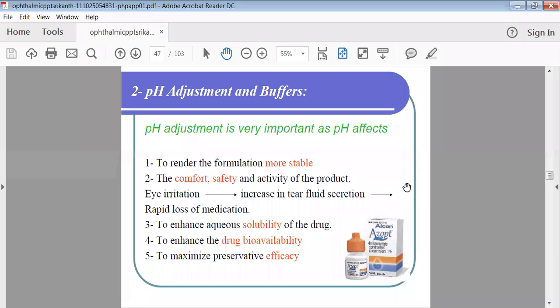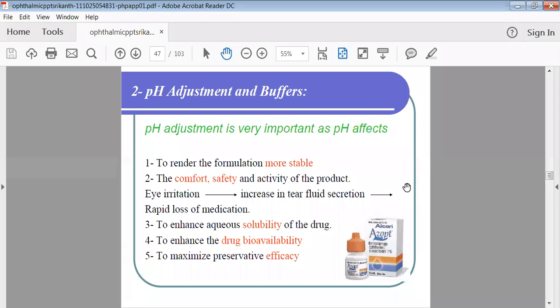In another way, we can say your pH adjuster or buffering agent renders more stability to your product, as well as providing comfort, safety, and activity of the drug in the formulation, and it can avoid possible eye irritation.